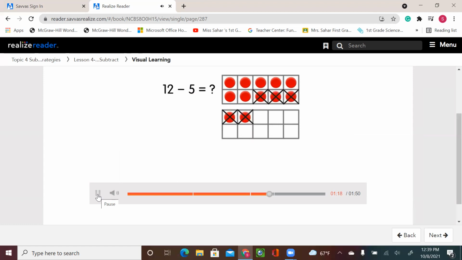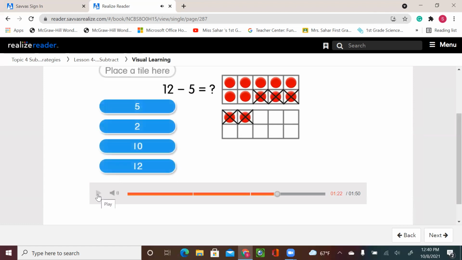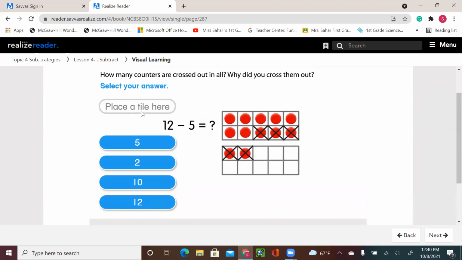How many counters are crossed out in all? And why did you cross them out? Select your answer. So how many counters in all? I have 2 and I have 3, 5. Because that's my equation. The second addend, the number I'm taking away from the 12, is 5.